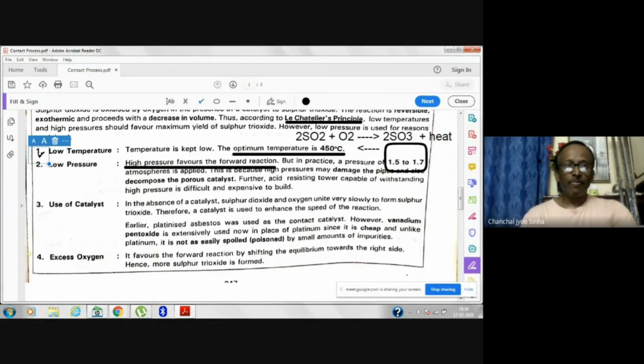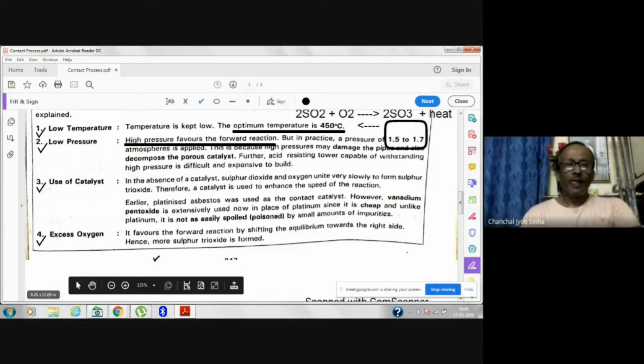So the conditions used: temperature 450 degrees centigrade, pressure 1.5 to 1.7 atmosphere, catalyst vanadium pentoxide, and excess oxygen.